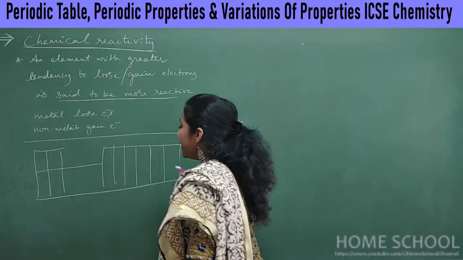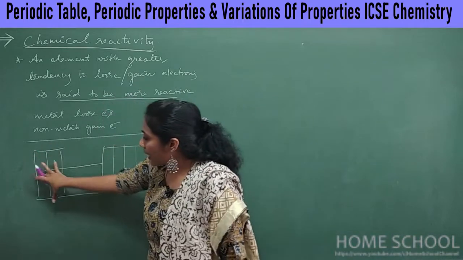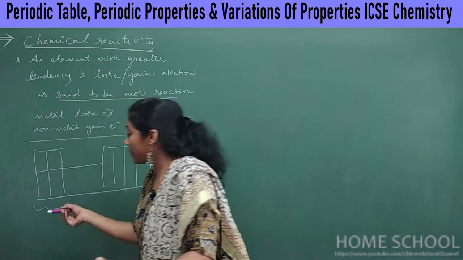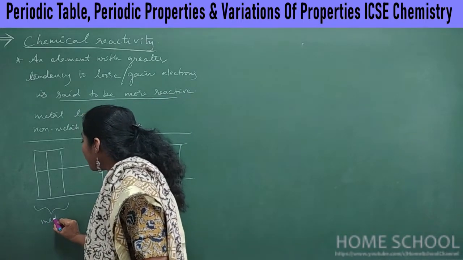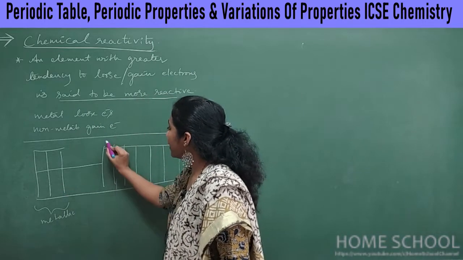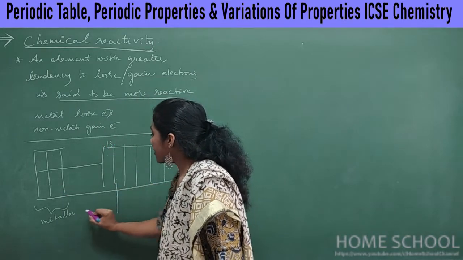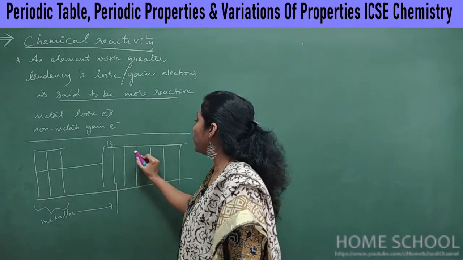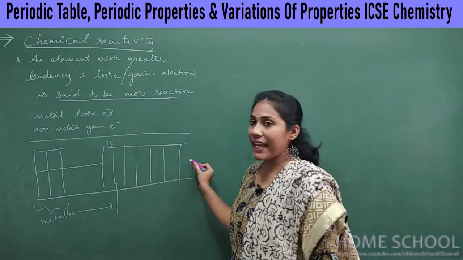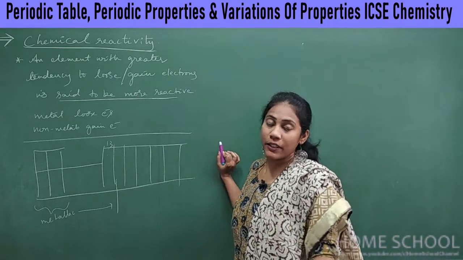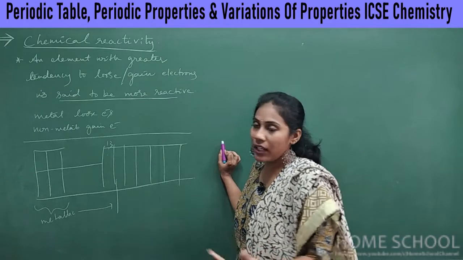The elements on the left side have more atomic size. That means they are more metallic in nature. These are more metallic, and even the 13th group is considered metallic. Coming to the 14th group, the metallic character decreases, and you leave the 18th group. The 18th group is neutral.